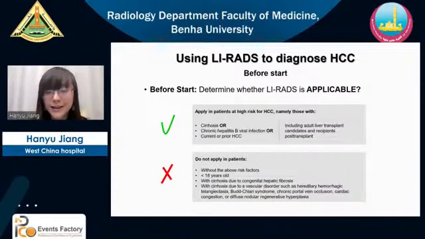But do not apply LIRADS in patients without the above risk factors, those less than 18 years old, those with cirrhosis due to congenital hepatic fibrosis, or patients with cirrhosis due to vascular disorders such as hereditary hemorrhagic telangiectasia, Budd-Chiari syndrome, chronic portal vein occlusion, cardiac congestion, or diffuse nodular regenerative hyperplasia.